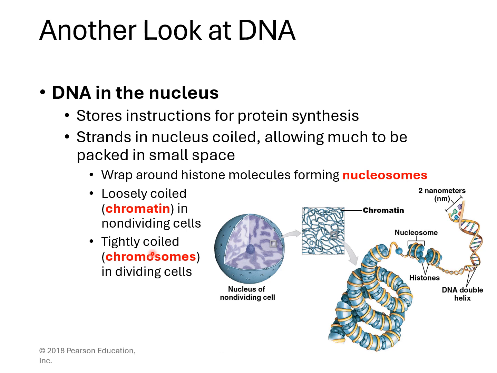So chromatin is when they're just loosely going around, and they have to be loose because if the cell is not dividing, it can have all this different space for everything to move around. But when it starts to divide, it becomes a much tighter space, and we'll get into that when we look at DNA synthesis and RNA transcription and translation.